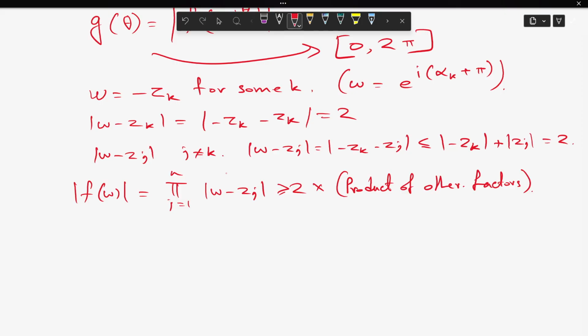However, this is not directly helpful. Instead, consider the average behavior. So, alternatively, consider the maximum modulus principle. From that, we can say that the maximum of modulus of f omega on mod omega less than or equal to 1 occurs on the boundary, modulus of omega equals 1.